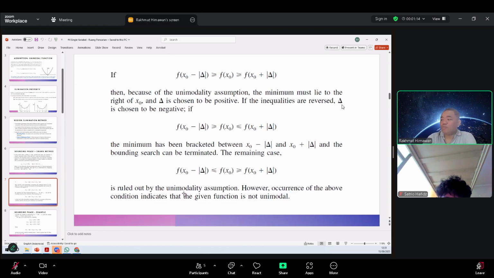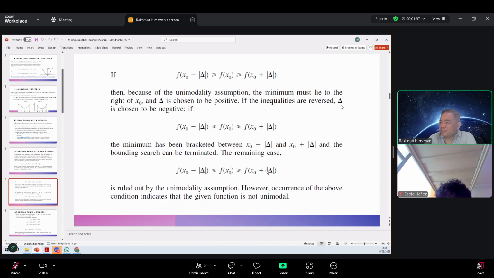It's probably not unimodal or not convex. It means you are in the wrong place. You should change somewhere or check again. This is not convex. There is no minimum, only maximum probably, or a saddle point.